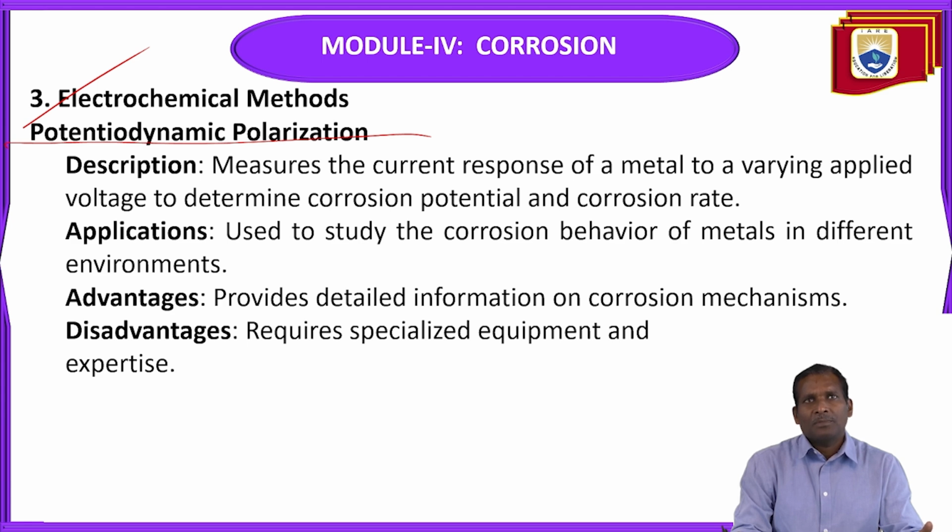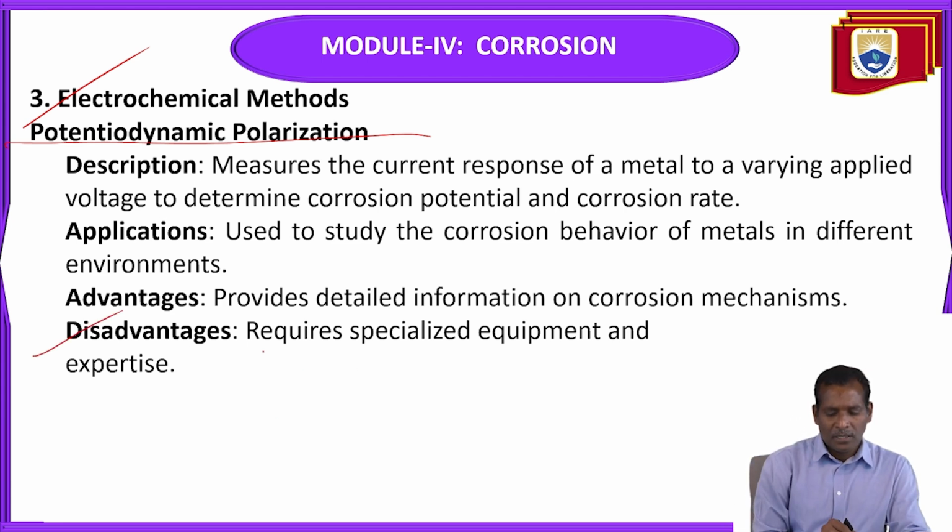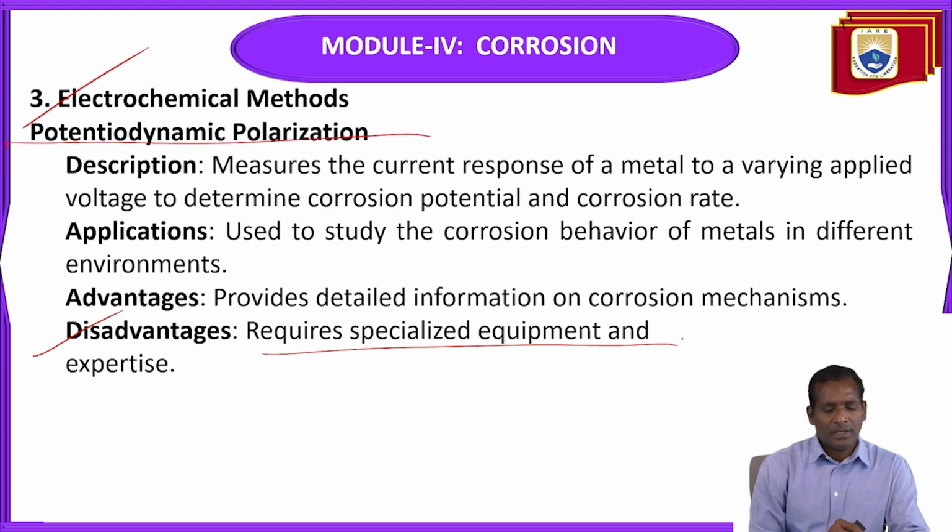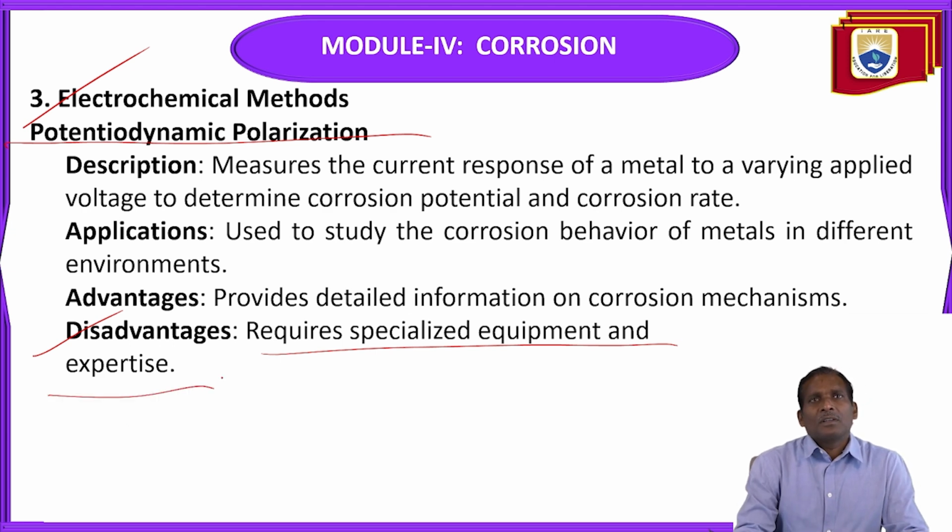It is used to study the corrosion behavior of metals in different environments. The advantage is that it provides detailed information on corrosion mechanisms. The major disadvantage is that it requires specialized equipment and expertise.